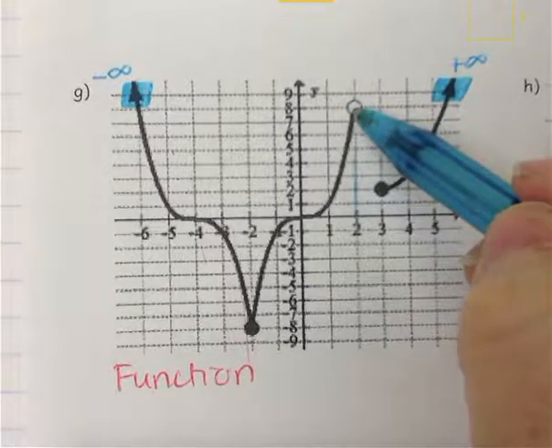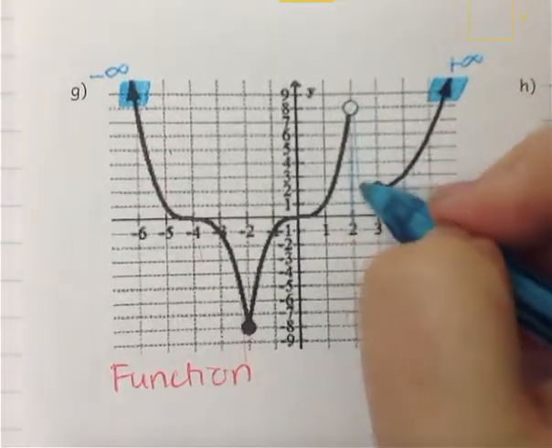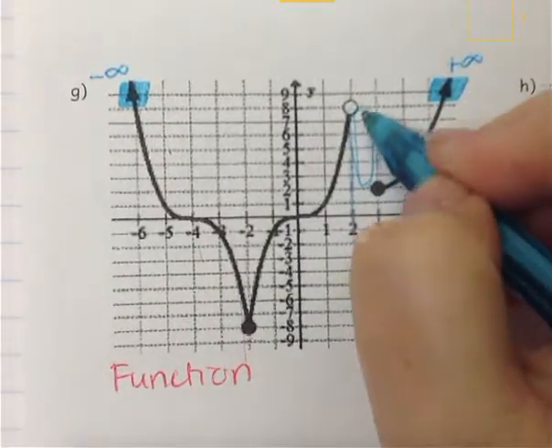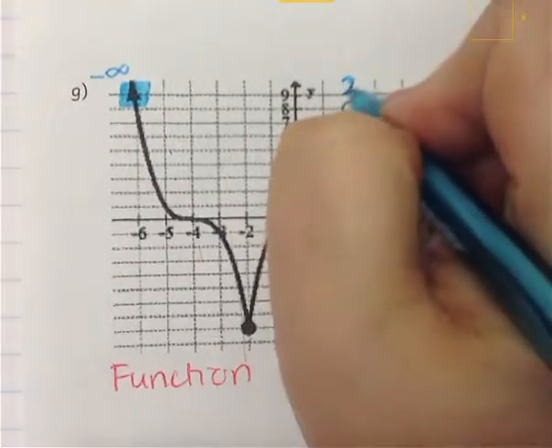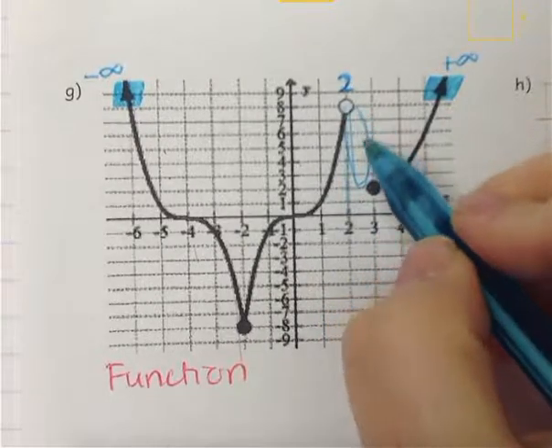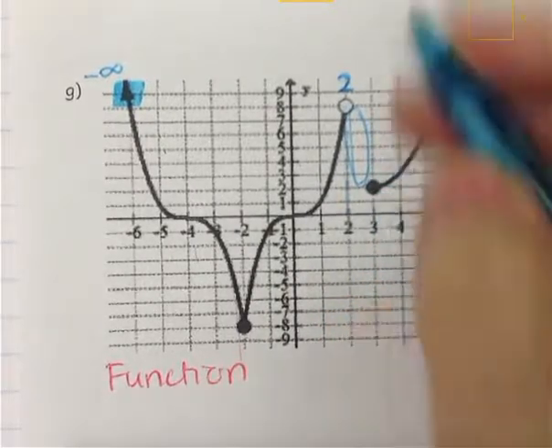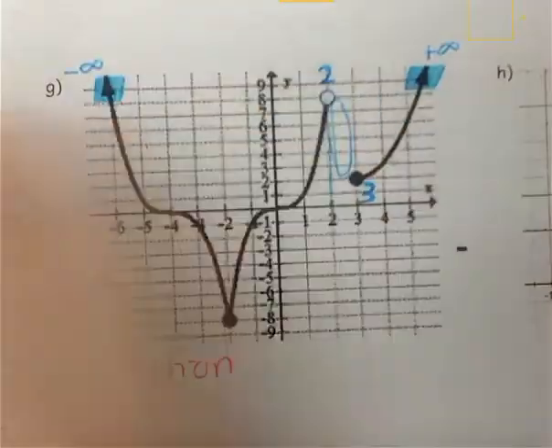That means it must break. This part is broken. So it actually will stop at this +2. And then the next solid part after this +2 is this +3. So it is broken. We have to unite the domain.